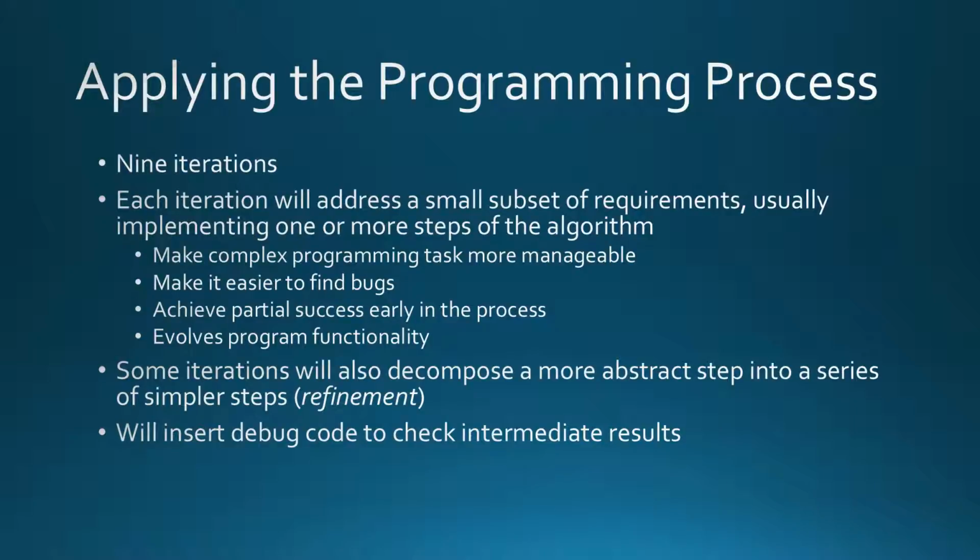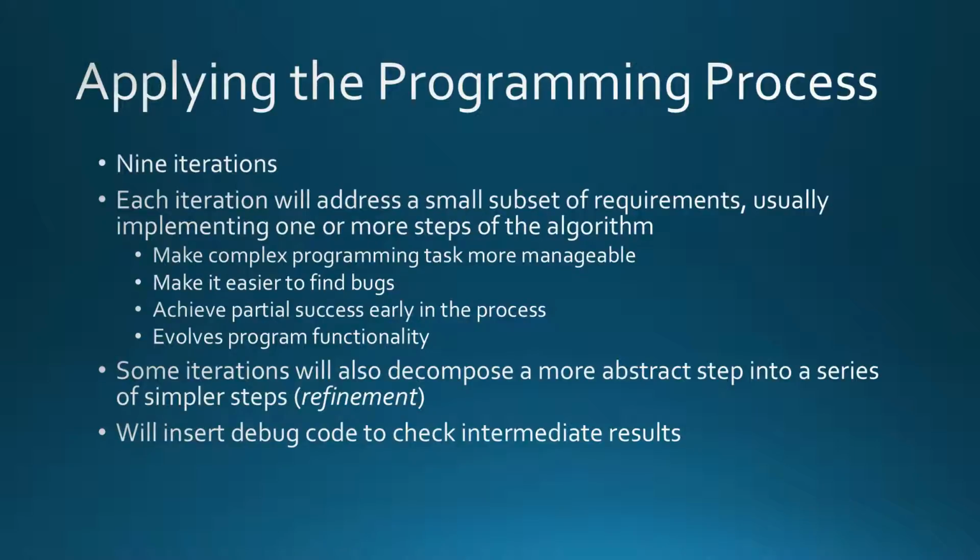That is, if we read in values, especially numbers, and those are used in computation down the line, and then those computations are used to derive output, if our output's incorrect, we really don't know. Is it the computations that went wrong? Or did we read the values in wrong? So what we're going to do here is insert some debug code, number one, to check that we're getting the inputs correctly, and we're also going to do it to check intermediate results, like the computation of the daily interest rate.